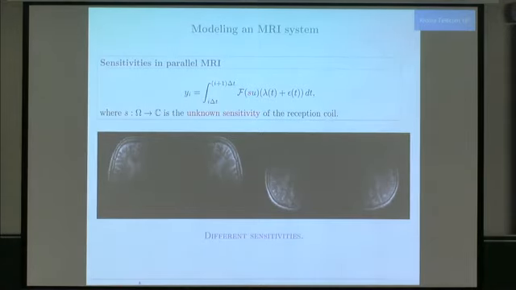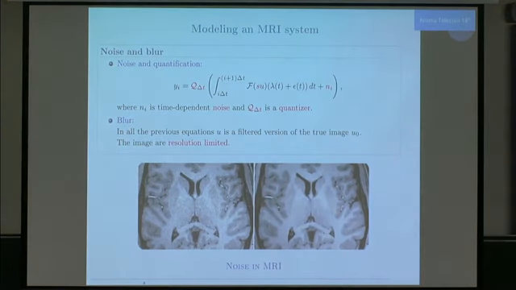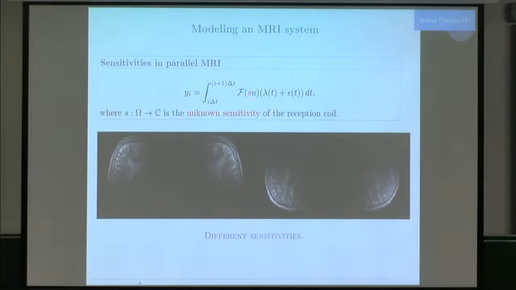And this is especially true when you have multiple antennas around your brain. Each of them will measure a different part of the signal. Okay. Sorry, just to be clear there, S is a function of u. No, not at all. It's a pointwise multiplication. So it's a smooth function that decays. For instance, here it would be high here and low here.